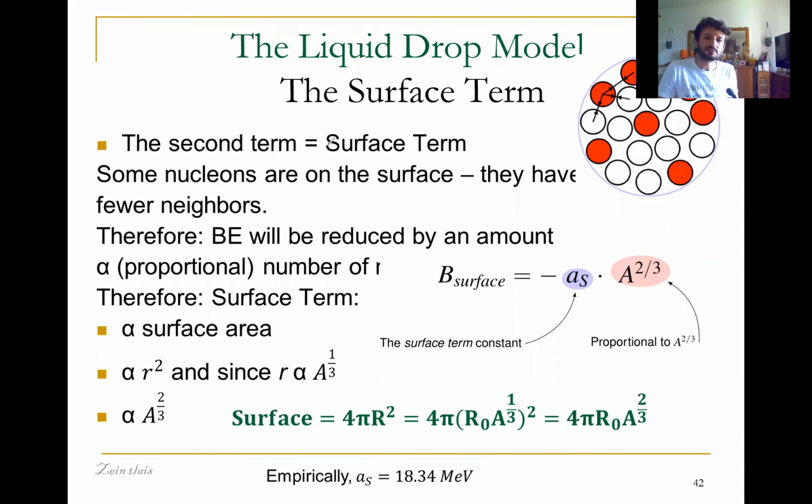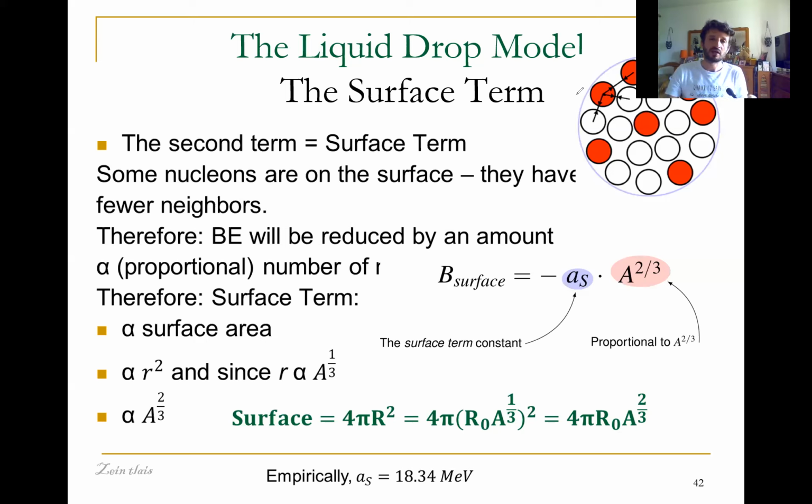The second term is the surface term. All the nucleons at the surface of the nucleus are bounded by only one side. We don't have external relation with the neighbors. So in this case, this term will decrease the global value of binding energy.